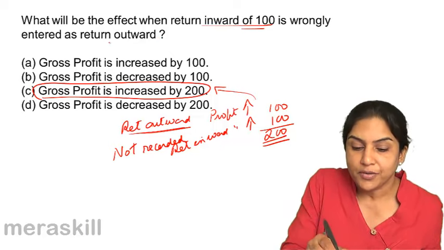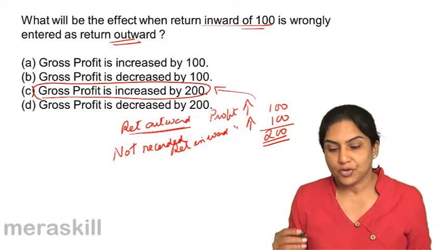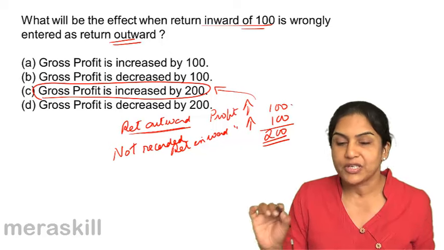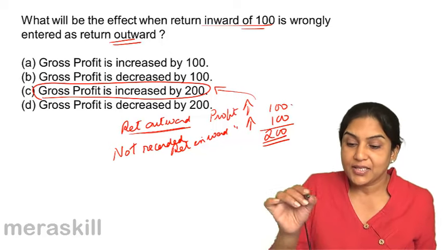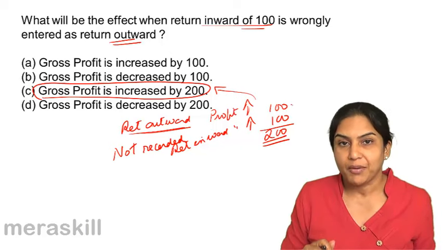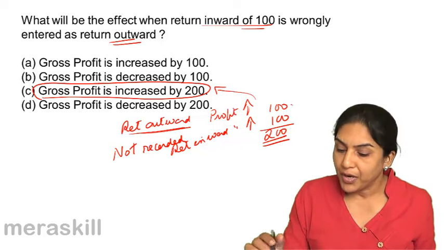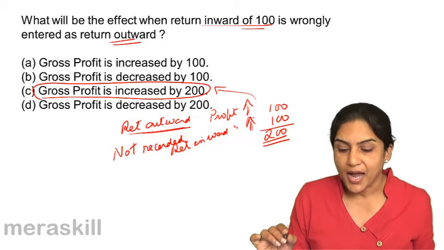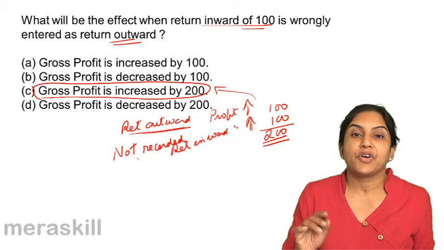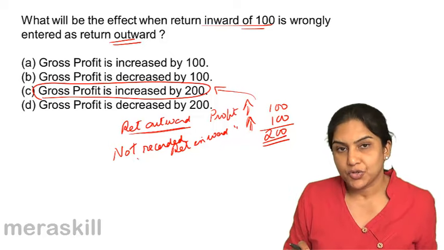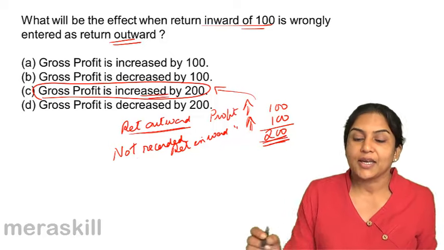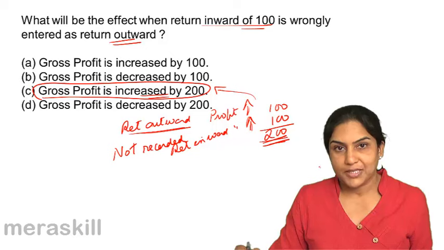So first, this is wrong: profit unnecessarily became overstated by 100. Next, there was a return inward. Had there been a return inward, profit would have come down. We didn't record it. Therefore, again, profit is high by 100 on account of a return inward not being recorded in the books. Therefore, your gross profit would stand increased by 200 rupees.